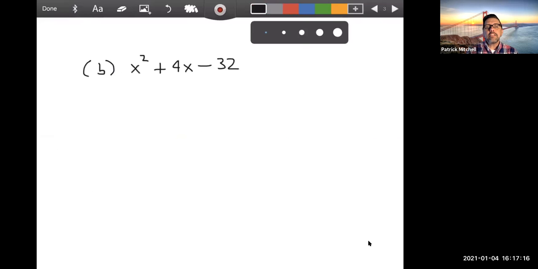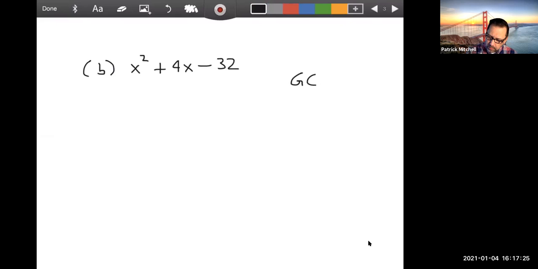x squared plus 4x minus 32. So same thing, greatest common factor. What do x squared, 4x, and 32 have in common? When you're thinking about GCF, you don't really have to think about the signs all that much. The important thing is, in this case, they have nothing in common besides 1.